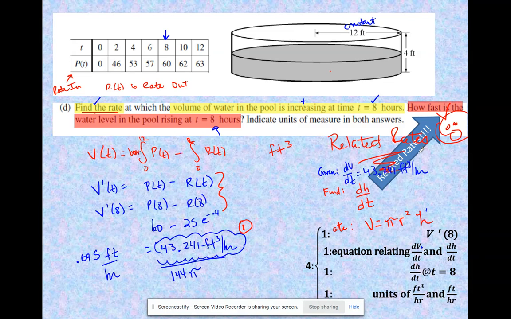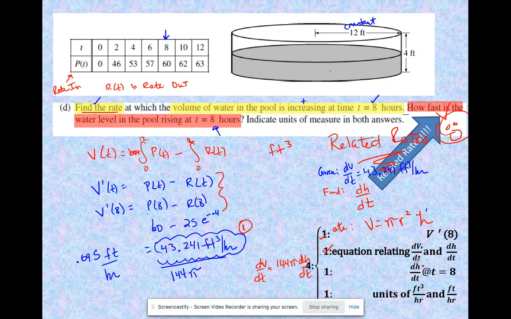So you did have to recognize that there was related rates involved. You had to differentiate this. But if you had just written dV/dt is equal to 144 pi dh/dt, there's that second point.